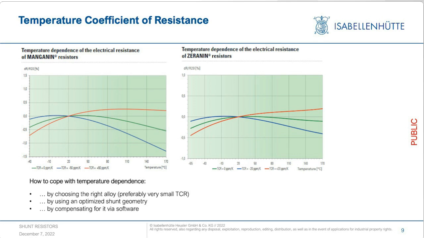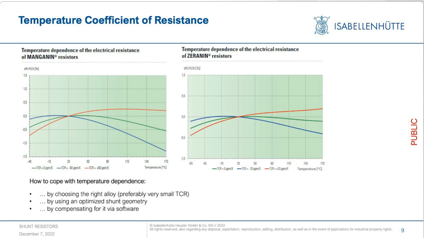So obviously, the first thing you do is choose the right alloy. And in our case, as we manufacture the alloy ourselves, we have the opportunity to really fine-tune the material to the very best point to come as close as possible to the 0 ppm property.